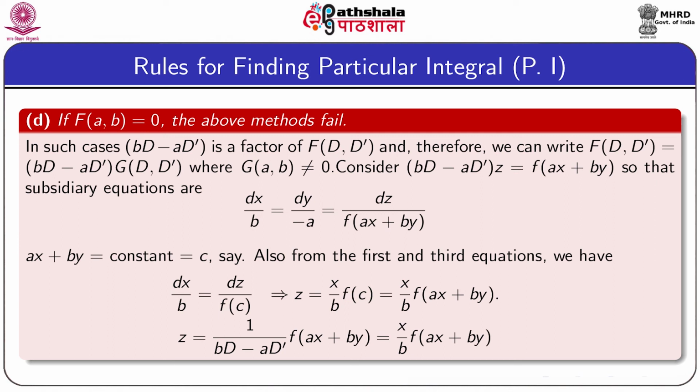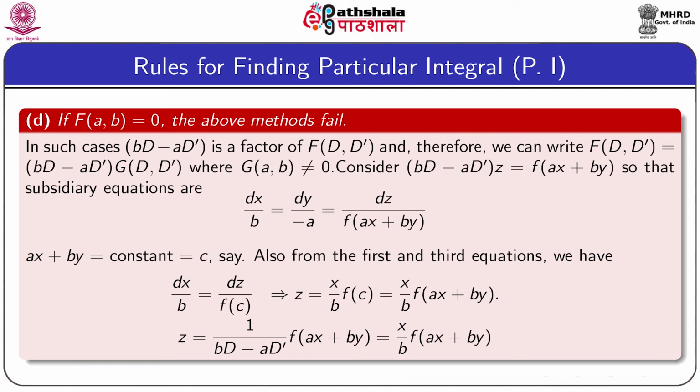Let that constant be c. Now, taking the first and third equations and using the relation ax plus by equals c, we get dx by b equals dz by F(c), and solving this equation we get z equals x by b into F(c). Now, we replace c by ax plus by, and we get z equals x by b into F(ax plus by).